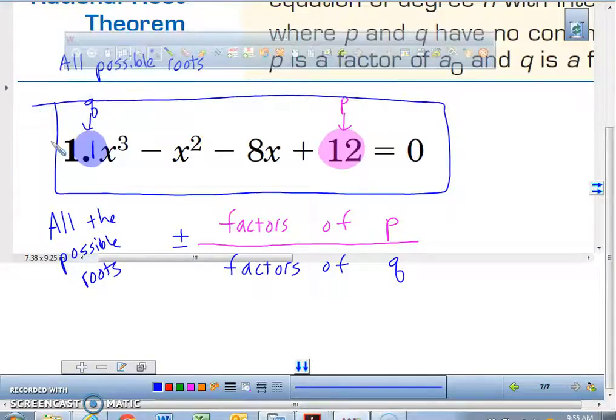So we're going to find all the possible roots, and then once we list them, we're going to start testing them using synthetic division.